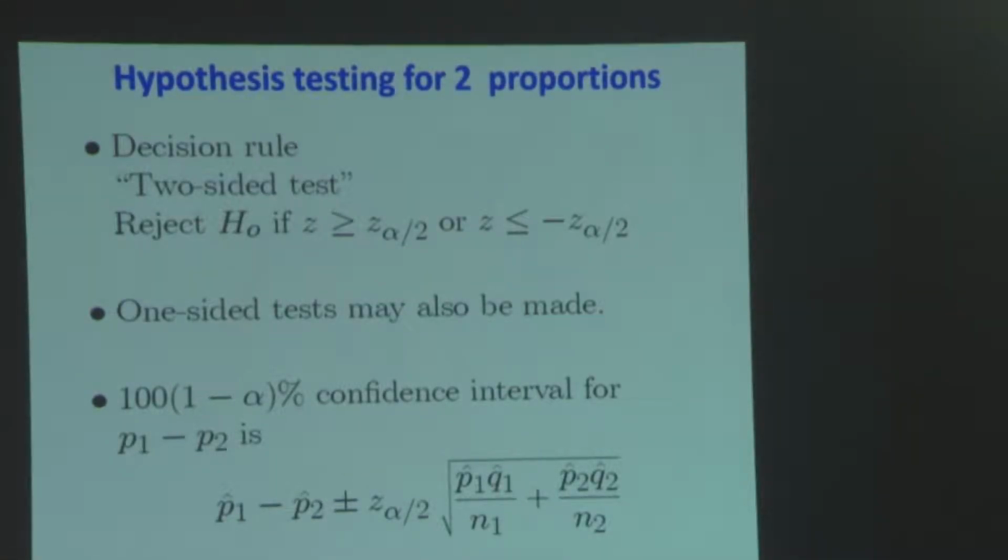And of course, this is a two-sided test, and this is how we calculate the confidence interval. We get our test statistic, which is P1 minus P2, plus or minus the standard error times the z value. Remember the standard error of the mean is equal to sigma over root n for continuous variables.